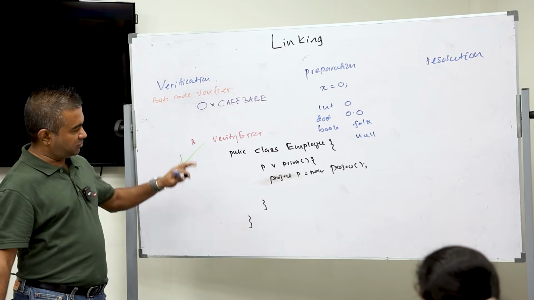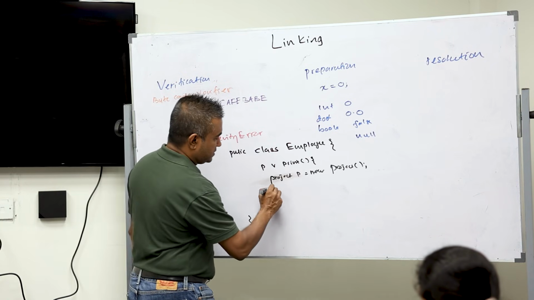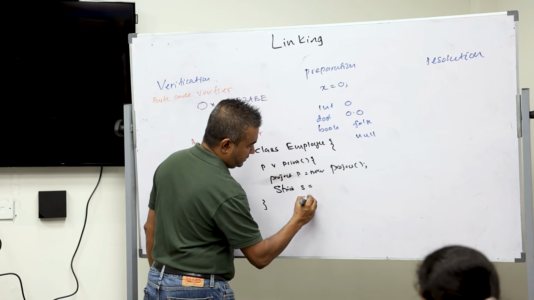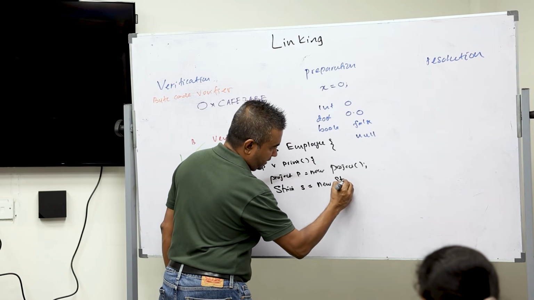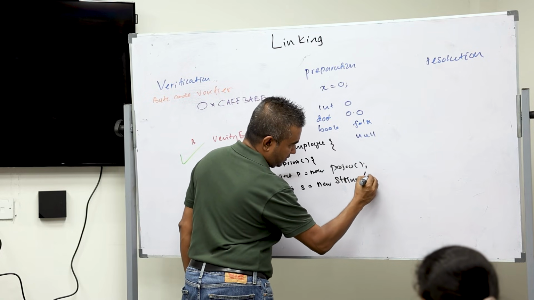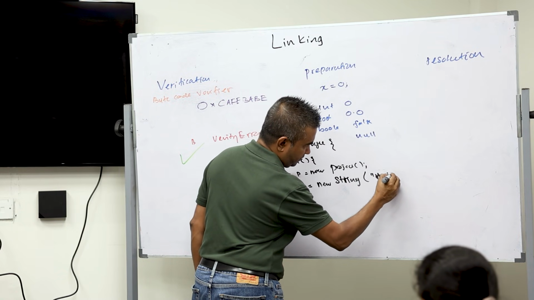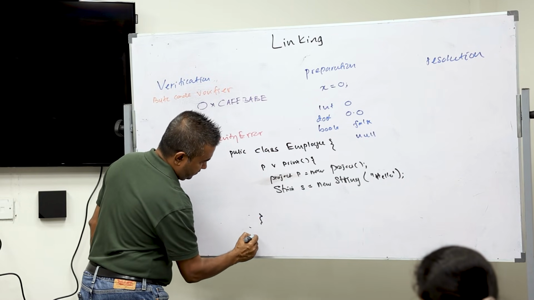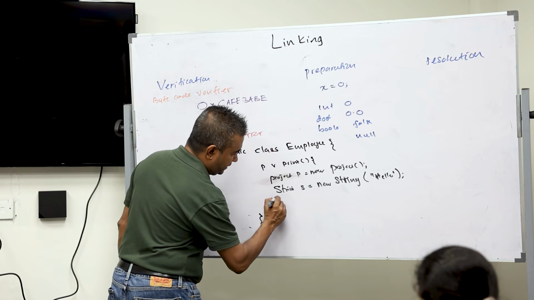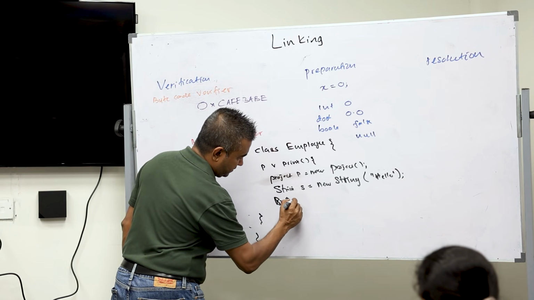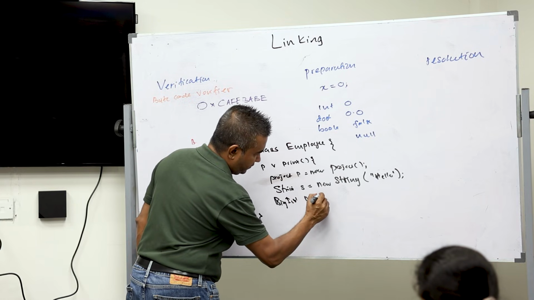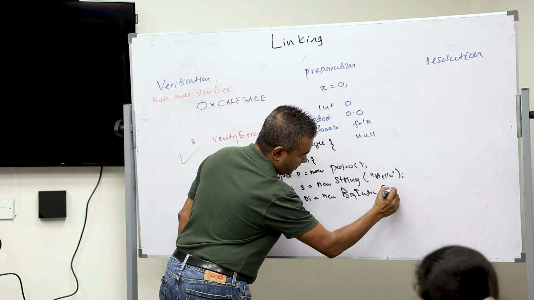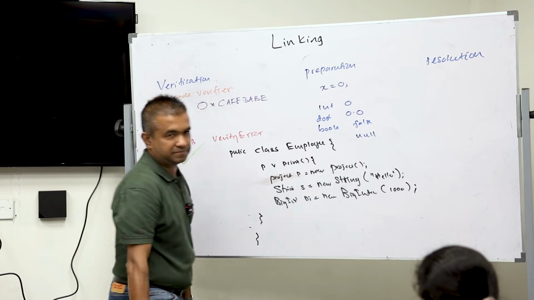Now just assume there's a project class somewhere. String s equal new string, hello. I understand you don't have to do it. Big integer bi equal new big integer, something like this.